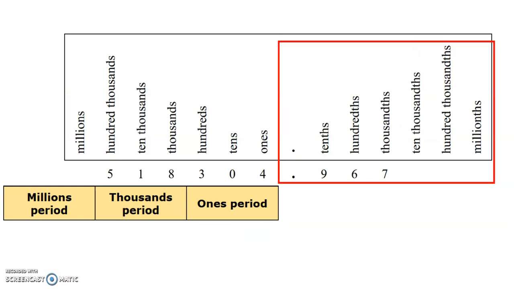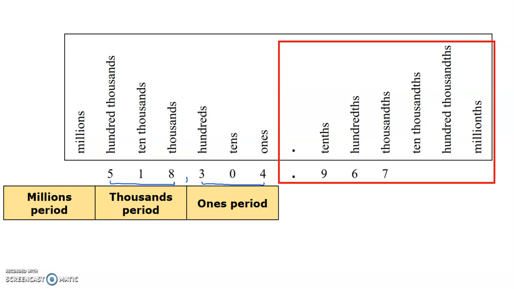This place value chart in your module is really helpful. We see some differences between the whole number side and the decimal side. On the whole number side, we break our groupings into groups of 3, and that's how we read the number. So we can see that 518 is in the thousands period, so we read it as 518,000.